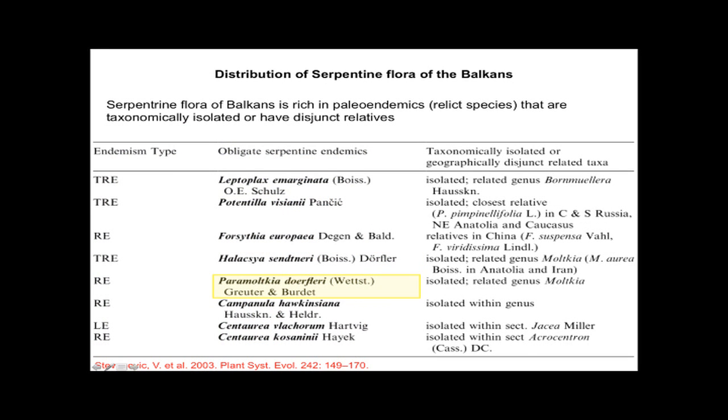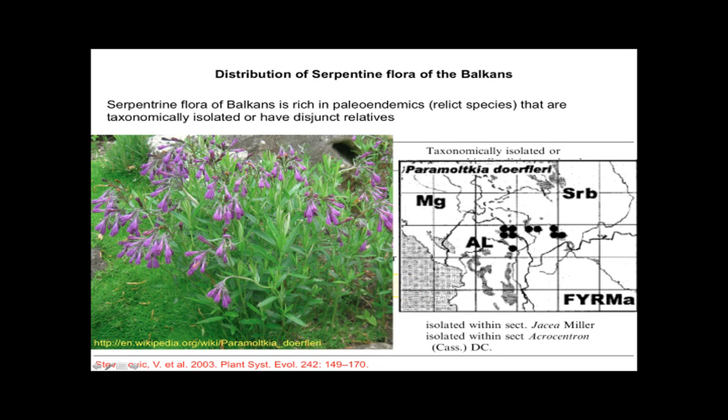The final example is the species Paramoltkia doerfleri, also one species in the genus, also related to the ancient genus Moltkia. This is also a Boraginaceae, and it is confined to Albania and Serbia. It has a more strict distribution area.